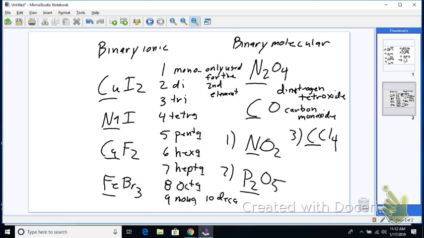So, number 1 on here is nitrogen dioxide. Isn't it peroxide? O2. Yep, she's looking on a list of the polyatomic ions, okay?